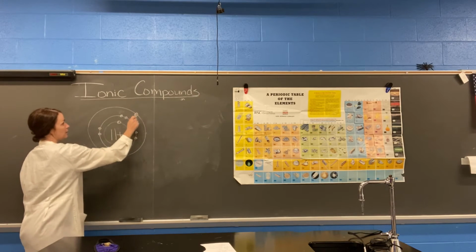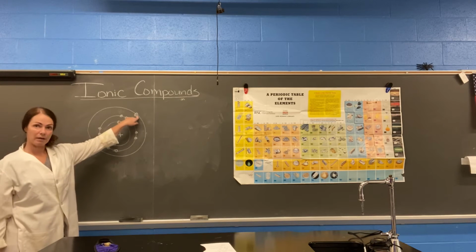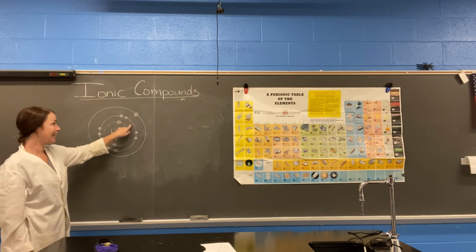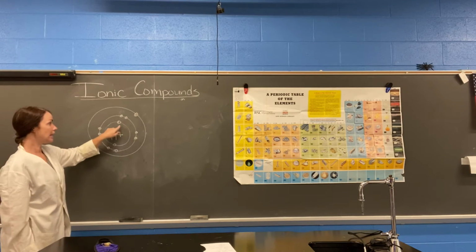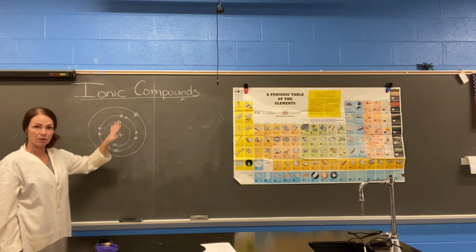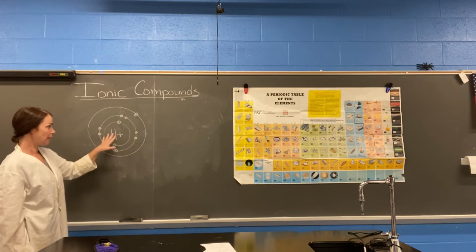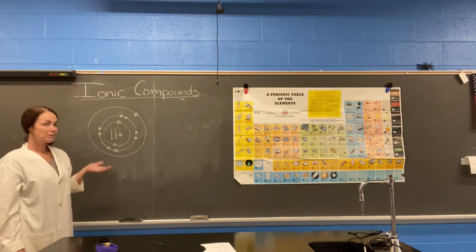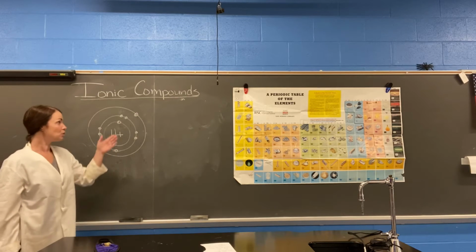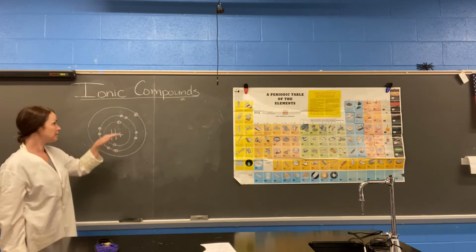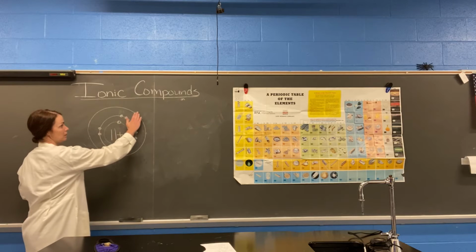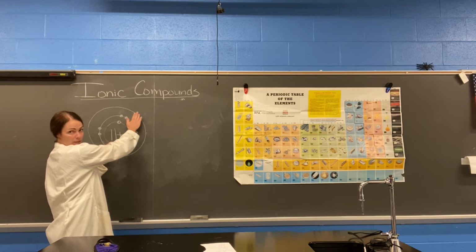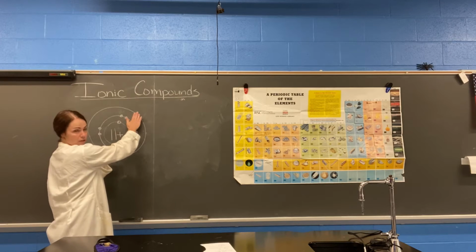In sodium, there's one electron out here by itself in the third energy level. That's the valence electron. There are 8 in the second energy level and 2 in the first energy level for a total of 11. So there are 11 protons, 11 electrons. But sometimes a sodium atom will lose its electron, and if that happens, it becomes a little bit positive because then it has 11 positive charges and 10 negative charges.